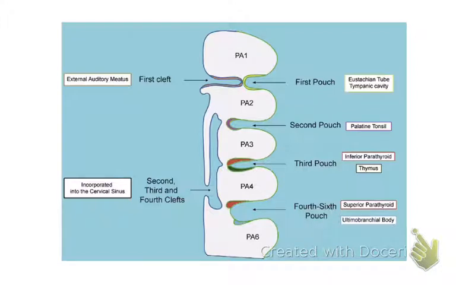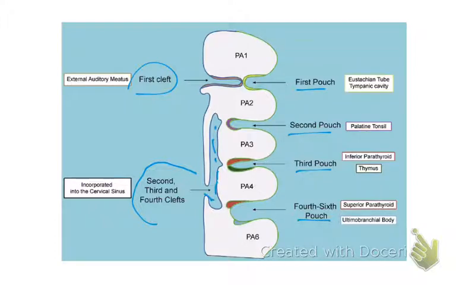Before we see the pouches, we have different ones: first pouch, second pouch, third pouch, fourth and fifth pouch. The fifth doesn't exist. Also, another thing in the embryonic process that we should keep in mind is the cleft. The first cleft, the second, third, and fourth clefts are right here.